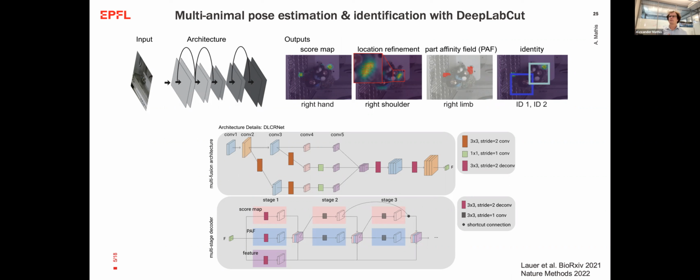So the model really, in a feed-forward way, solves this part assignment problem. Which parts belong to one whole? There's a better word in computer vision that I cannot think of.